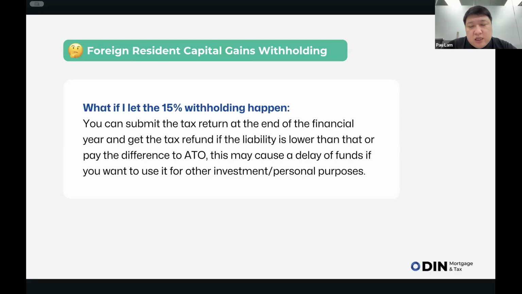So that could sometimes affect the schedule or planning that you have, because you probably need that money for something else. That's 15%, it's not like 5%. So it could sometimes cost you something. If you're looking to sell, I would suggest you look into this, make sure you run the calculation to see whether you can get the money back earlier or you just need to let the ATO take some money at the settlement.